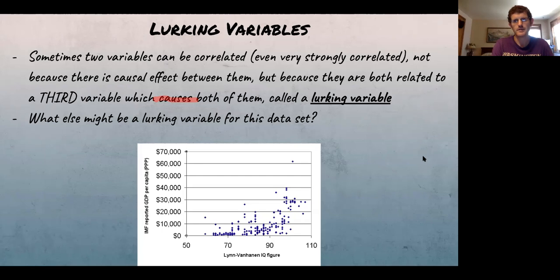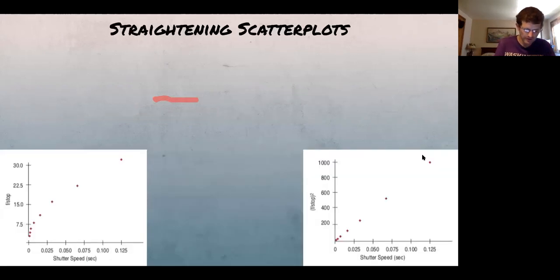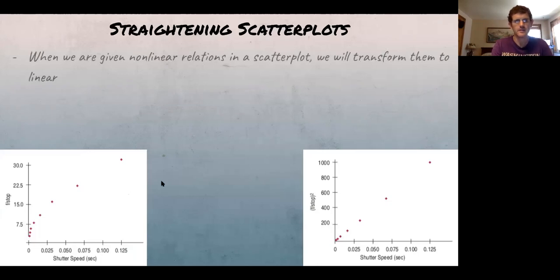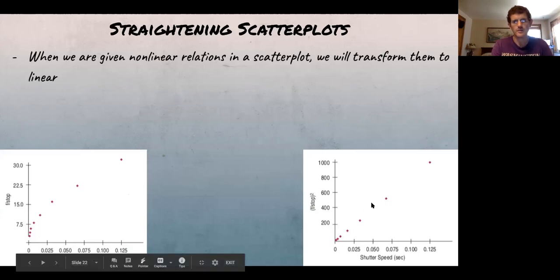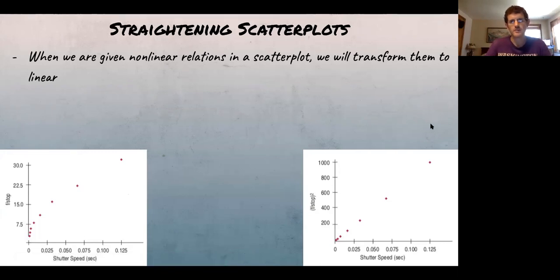Okay. So this, I just want to talk about conceptually. We will not be doing anything like this. And these two examples come straight from the textbook. So if you read, you'll recognize those. When we are given nonlinear relations in a scatter plot, we can, and we will eventually, transform them to linear.